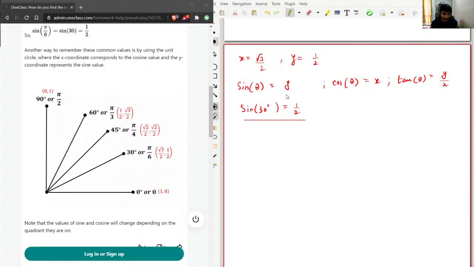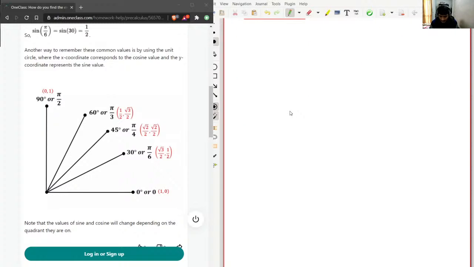But again, if you do not have a unit circle with you and you are in a hurry, or you don't even have a calculator, don't remember the value, and don't have the coordinates of the unit circle to quickly find the value of the trigonometric ratio, I have one more method which I would like to share with you, that is using an equilateral triangle.